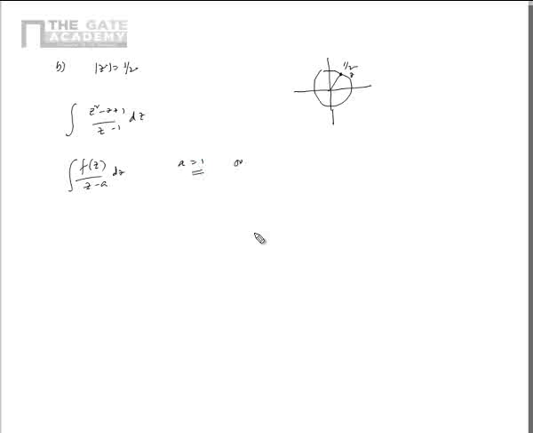So a is outside the circle represented by mod z is equal to half. When a is outside, f of z by z minus a is analytic everywhere within and on the circle mod z is equal to half.